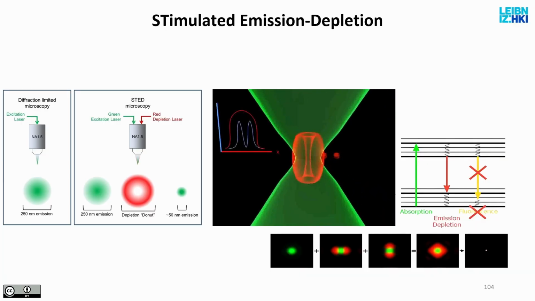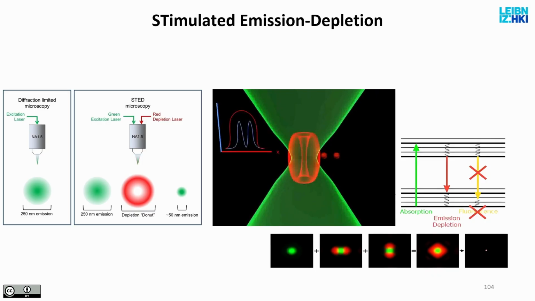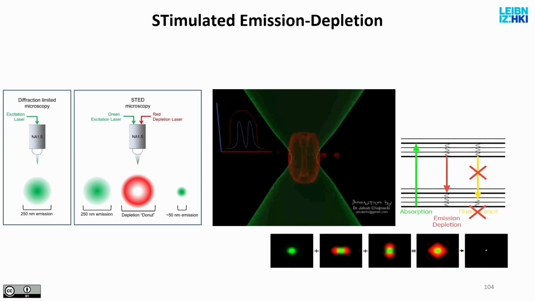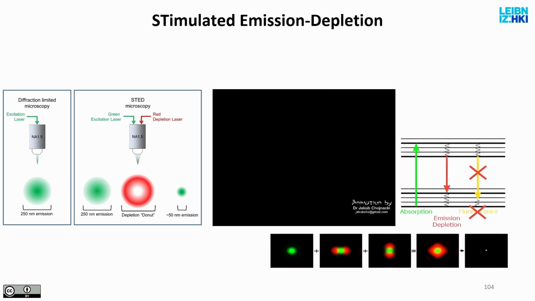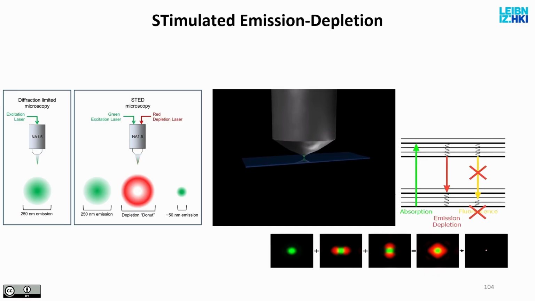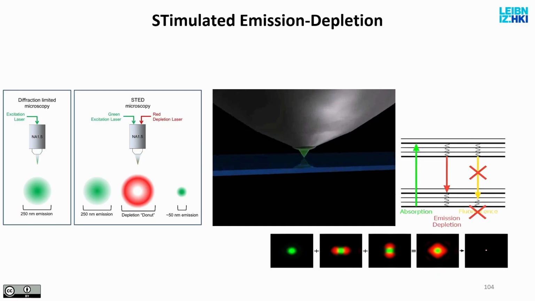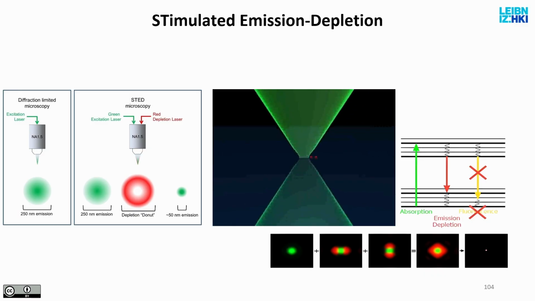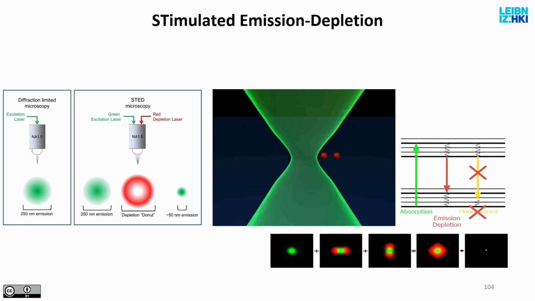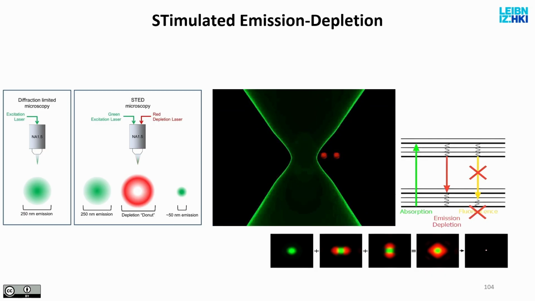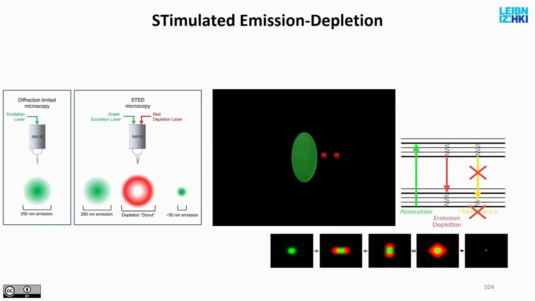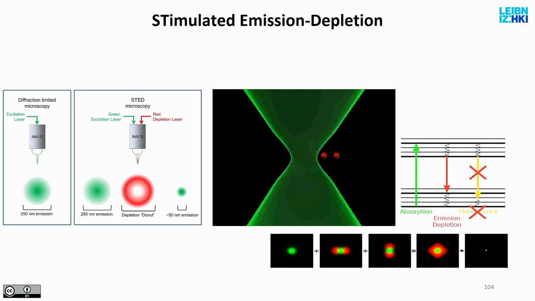Now the beautiful thing is that the size of the hole here depends on the energy of the orange laser. The higher the energy, the smaller the hole. This of course means that to get very high resolution, you need a very high energy orange laser which will destroy the samples. There's a practical limit here to about 100 nanometers, down to maybe 70 actual resolution.